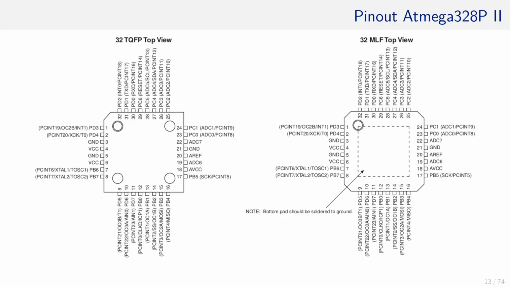Other packagings expose pins ADC6 and ADC7, here and here, and here and here, along with the original ADC0 to ADC5.